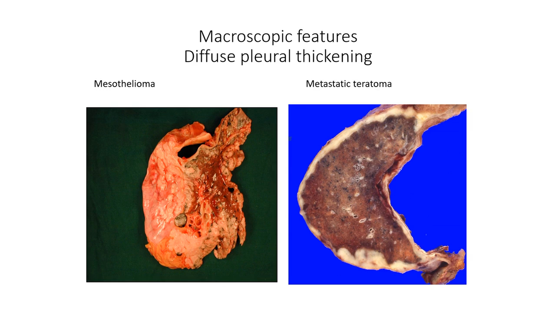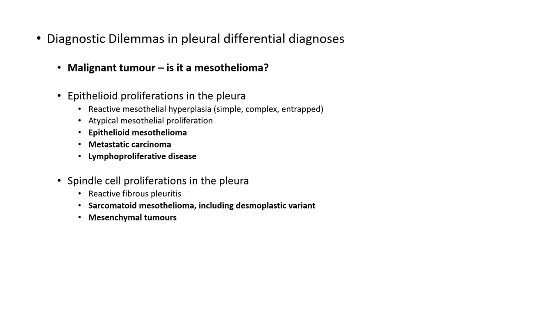So you always, I think, need histology to confirm the diagnosis of mesothelioma and exclude other potential tumors. And we again divide this into epithelioid and spindle cell proliferations: epithelioid versus metastatic carcinomas, lymphoproliferative disease, and spindle cell proliferations against mesenchymal tumors.